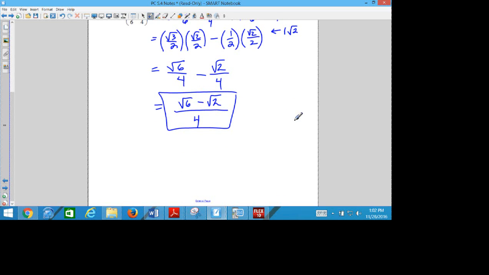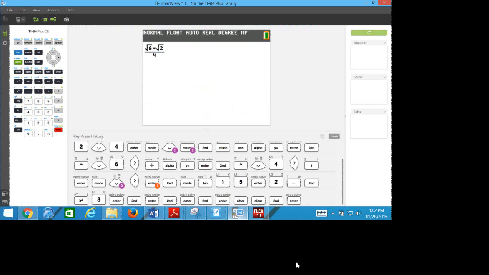Now, you can kind of check to make sure you're doing these correctly on your calculator. Not totally check, but kind of check.